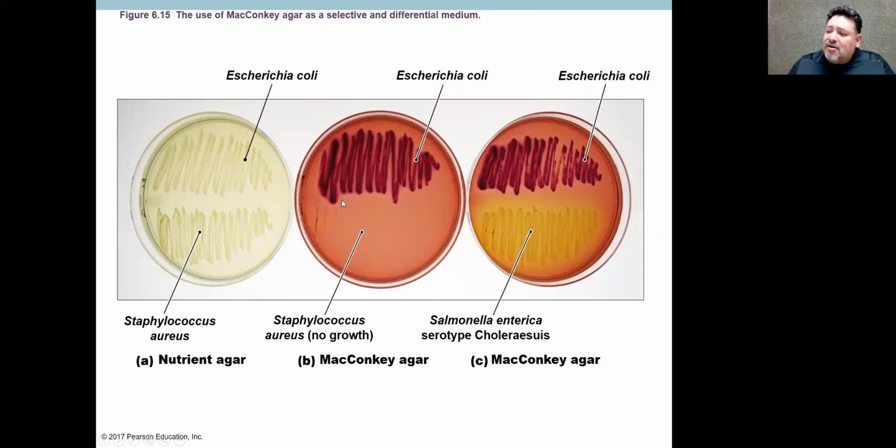If it grows here, but it doesn't grow here, it was because of the selectivity of the MacConkey. However, if it doesn't grow here and it doesn't grow here, that means the aureus is not functioning properly and we are making a mistake. So that positive control allows us to assess the selectiveness of this particular MacConkey agar.